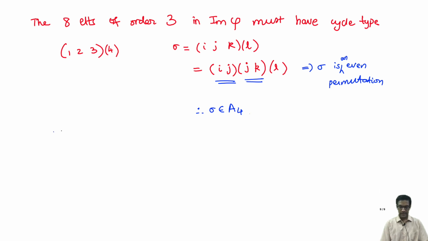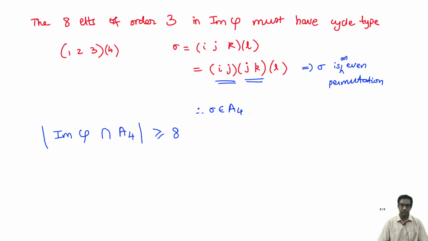Okay, now what does that tell us? It tells us that if I look at the image of phi, the image of this injective homomorphism, and I want to prove that the image is exactly A4, at least I know this: there are 8 elements inside this image, so the image of phi intersection A4 contains at least these 8 elements.